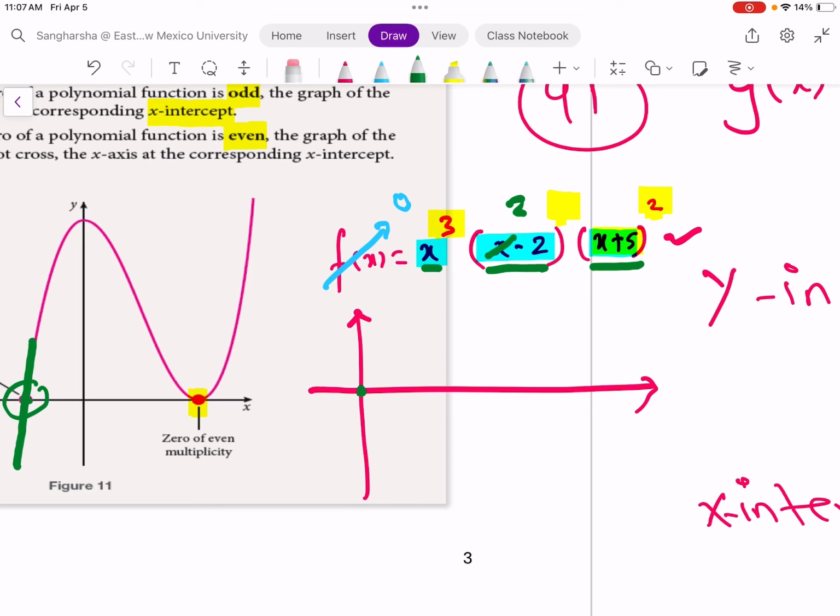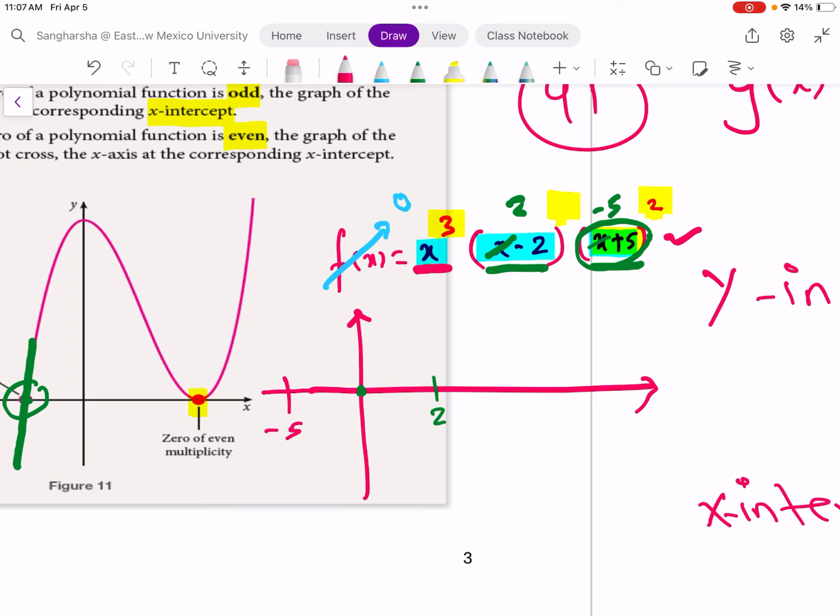And if x is -5, this factor is 0. 0 times the remaining is 0. So our -5 is also an x-intercept. Okay. So now once we have the x-intercepts, what is the multiplicity for this factor?